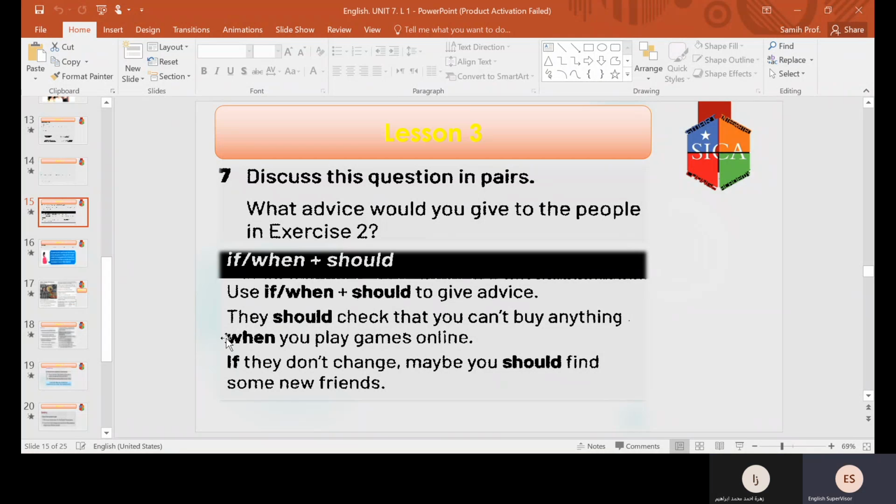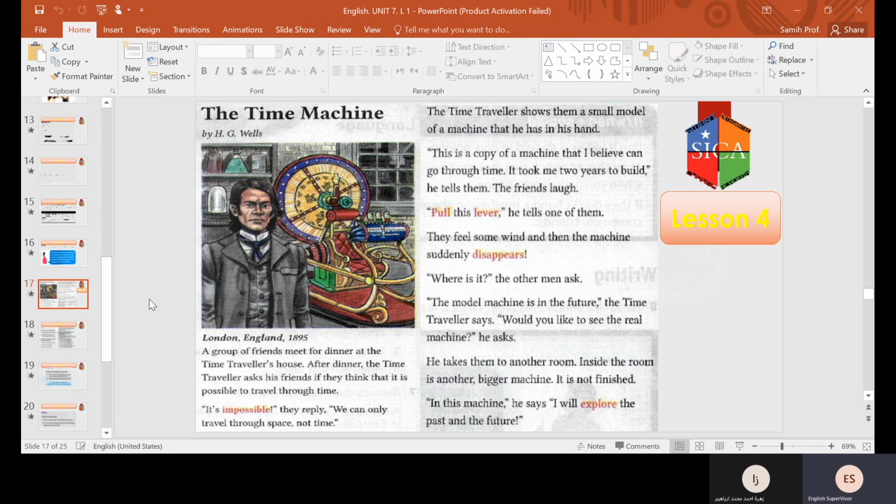Last time we spoke about if conditionals, zero conditional and the first conditional of if. And we said also we can use if or when, because actually both of them are the same in conditionals. Today we are completing lesson 3 in unit 7.